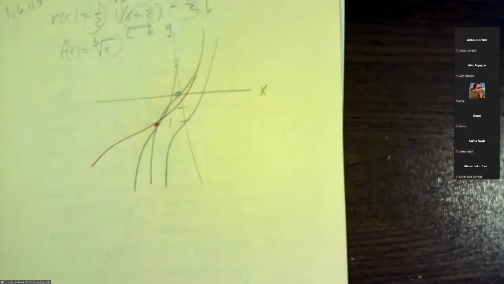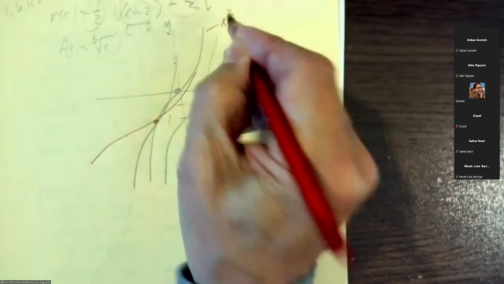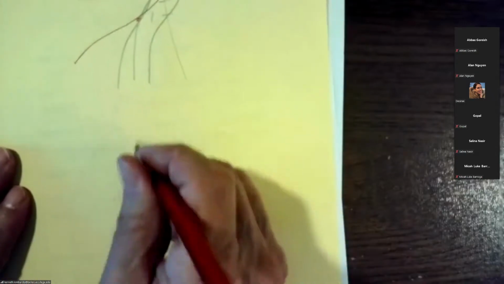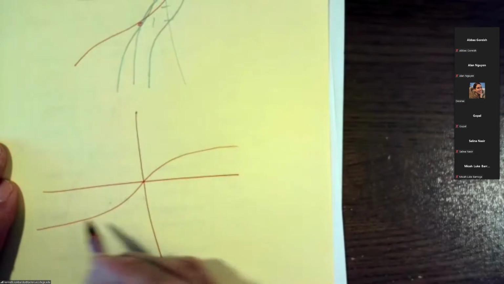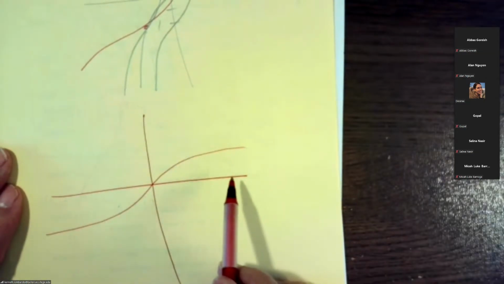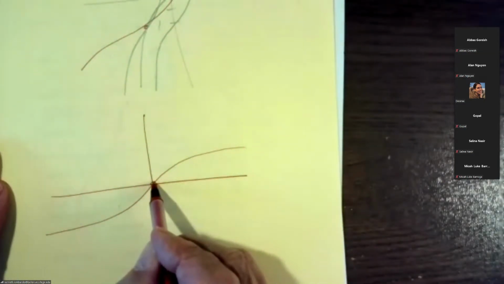Now let me see, are we talking about the right one? 113. Yeah, it's the cube root. Oh, I'm sorry, I did x cubed. This is x cubed. So if it's the cube root, it looks this direction, doesn't it? Yeah, that's what I was saying. So we're going to take this one and shift it.